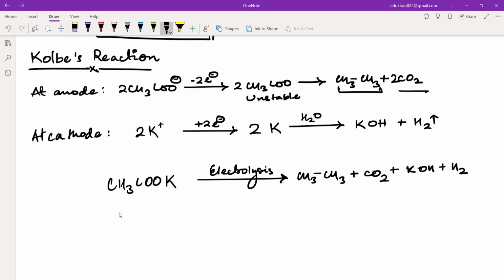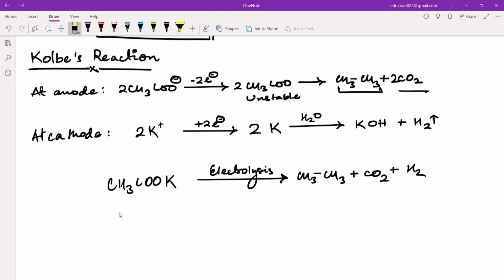Since we start with the acid CH3COOH plus KOH, KOH will be in the reactants as well, and we are electrolyzing this part.